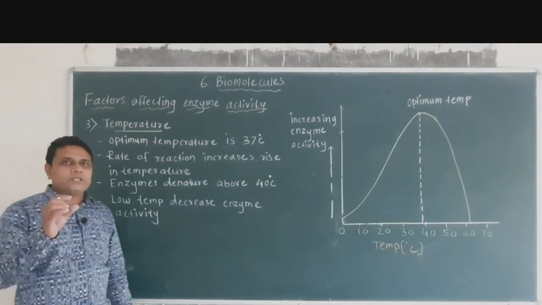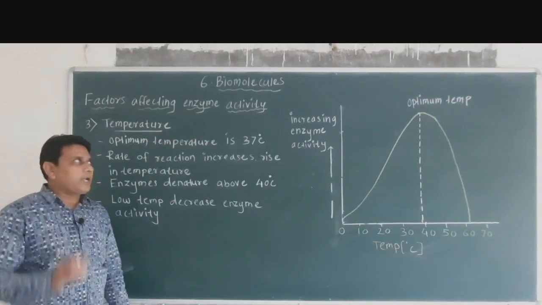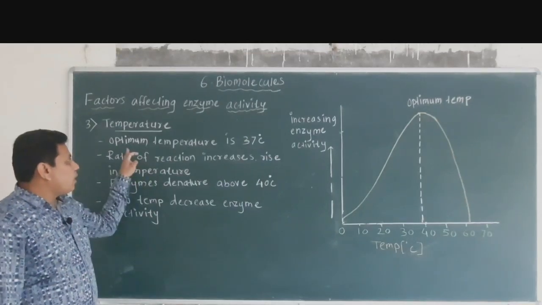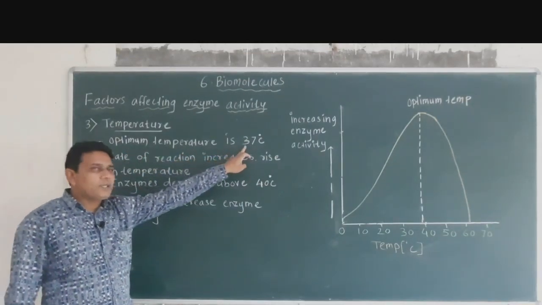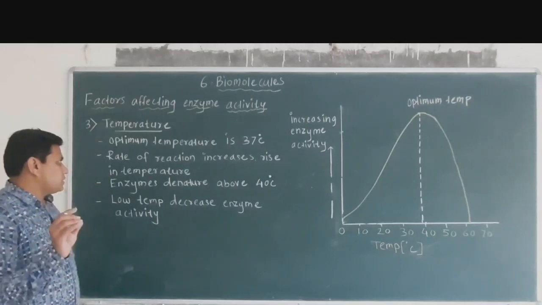Then the next factor affecting enzyme activity is temperature. Now proper temperature for enzyme activity, or optimum temperature, is 37 degrees Celsius.